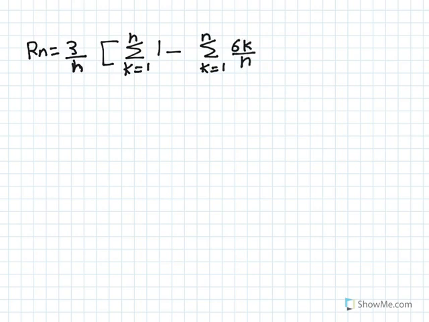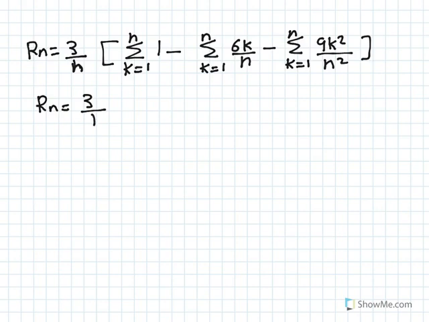We're splitting up the summations, minus summation, k goes from 1 to n, 9k squared over n squared. So we get Rn is equal to 3 over n, and we know from one of the properties earlier that summation 1 is just going to be n, minus, let's pull out 6 over n, and summation k is going to be n times n plus 1 divided by 2.